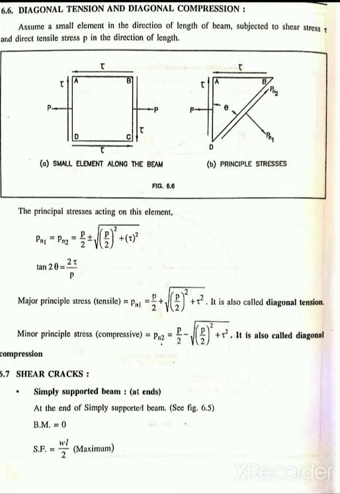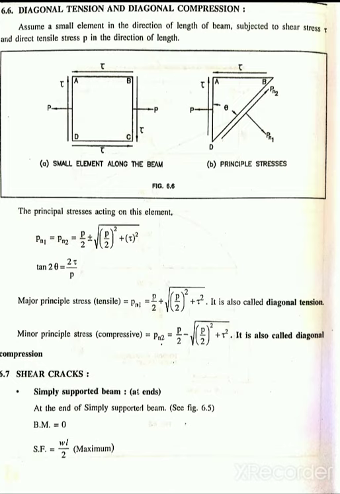It is also called diagonal tension. Now the minor principal stress, it is compressive, Pn2 is equal to P by 2 minus square root of (P by 2) whole square plus tau square. It is also called diagonal compression.